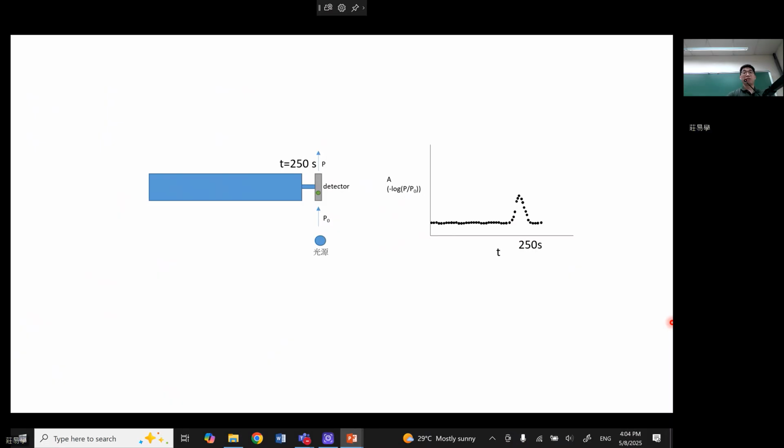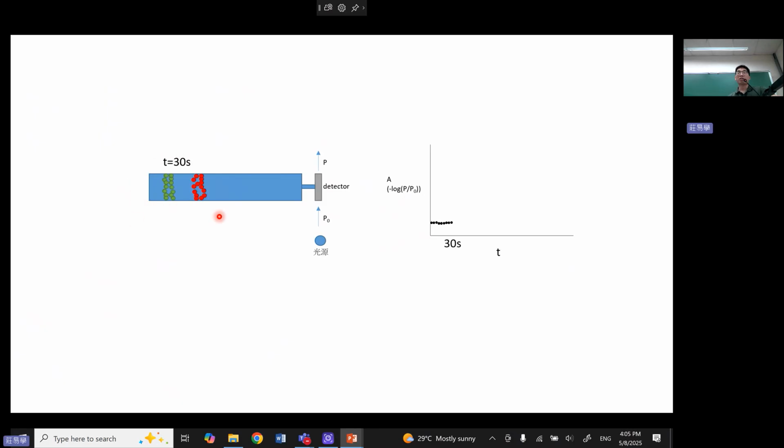Okay, and imagine that in the second scenario, instead of having only a single compound in the sample, now you have two compounds. Then we inject the samples into the machine.